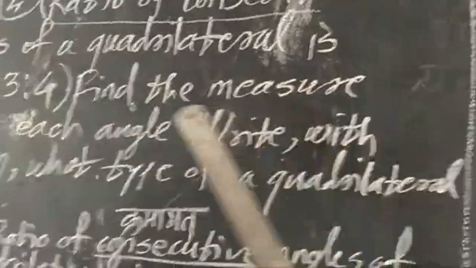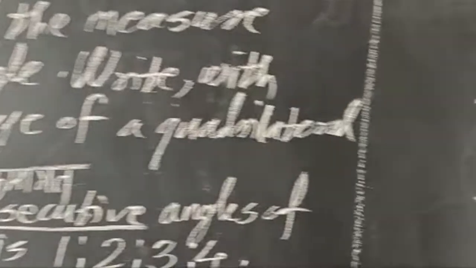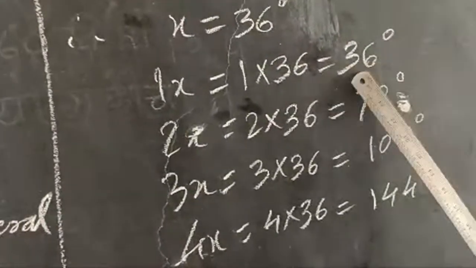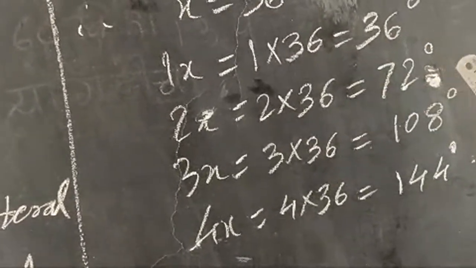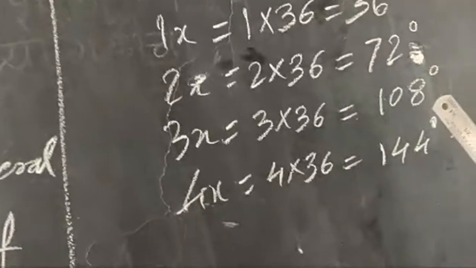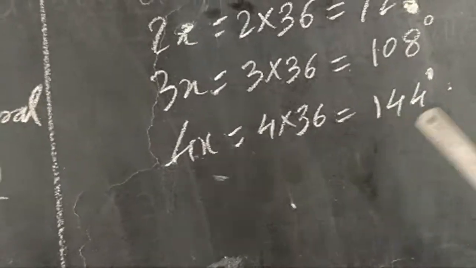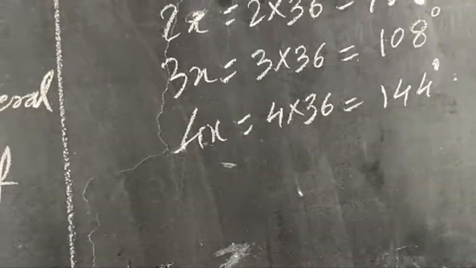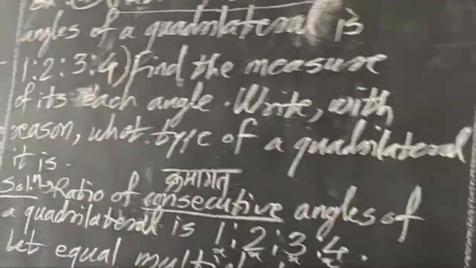And the first question is, find the measure of each of its angles. The measure of each of its angles is 36 degree, 72 degree, 108 degree, and 144 degree. In this way, we write the sentence.